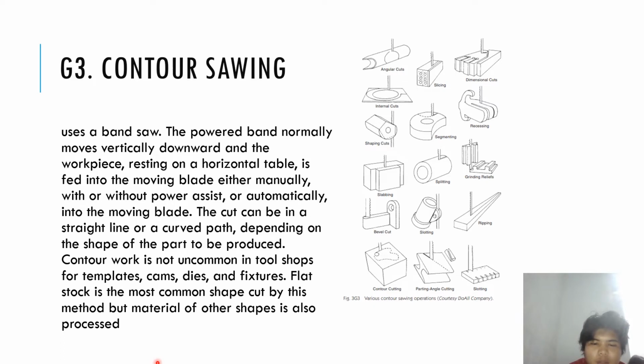Contour sawing is common in tool shops for templates, cams, dies, and fixtures. Flat stock is the most common shape cut by this method. Other materials are also processed. So this is contour sawing. If we still remember the previous chapter about contouring, you just go from the bottom to the top, and it's just gonna cut the whole thing.